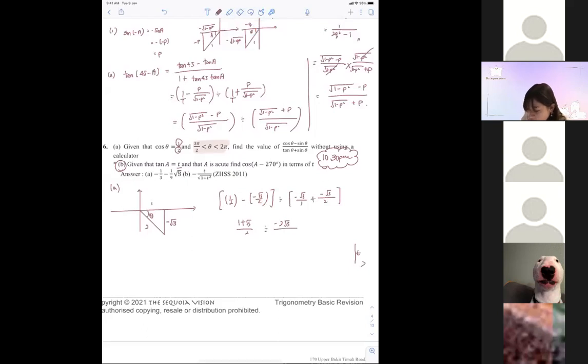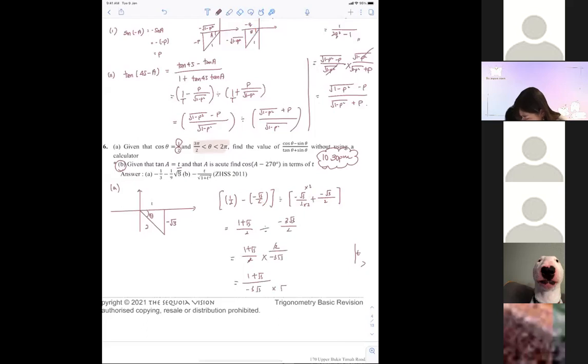Oh wait, denominator is different. I need to make denominator the same first. Okay, times 2 times 2. So minus 2 square root 3 minus square root 3 is minus 3 square root 3. Okay. Then you cancel.